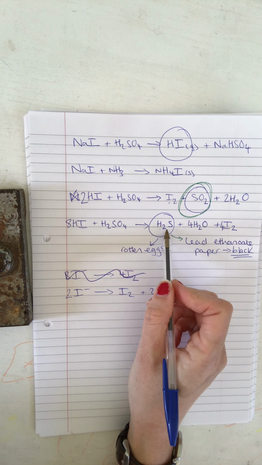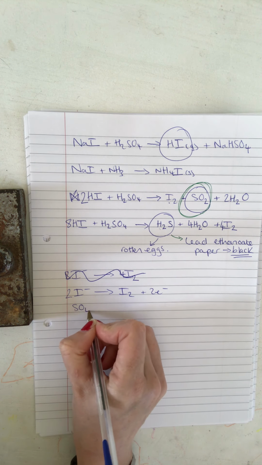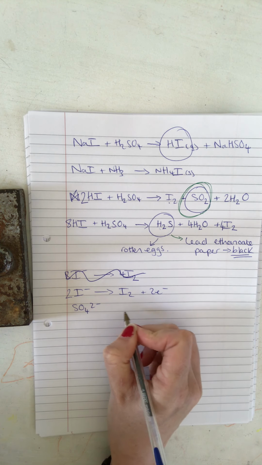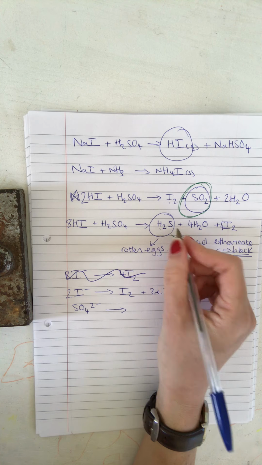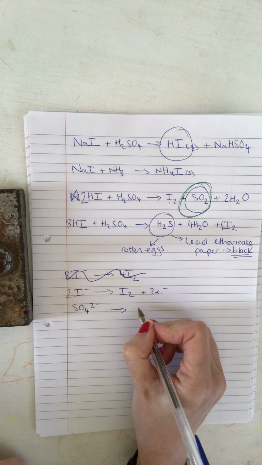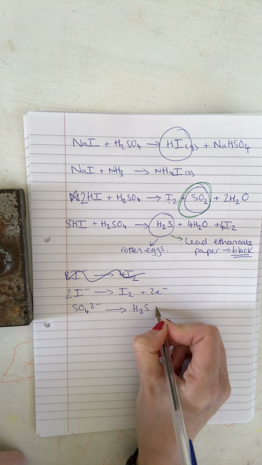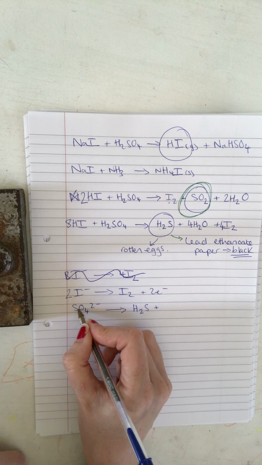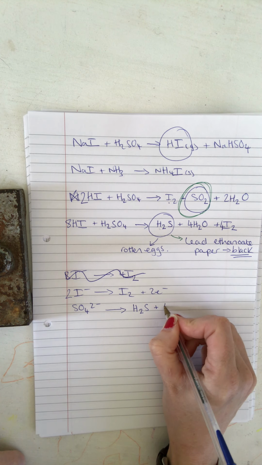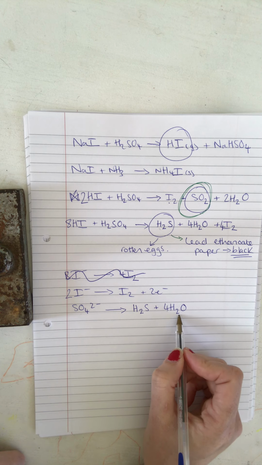Then we've got our sulfuric acid half equation. So SO4 2 minus going to H2S. We need to balance our oxygens. We don't have any oxygen in here, so we need 4 H2O, and then we need to balance our hydrogen ions.